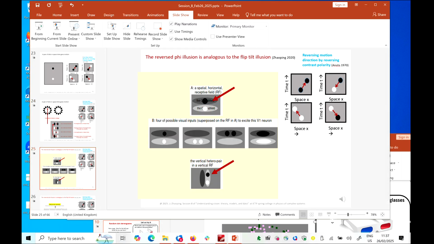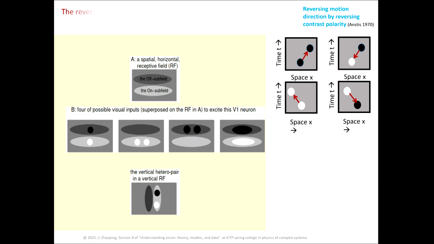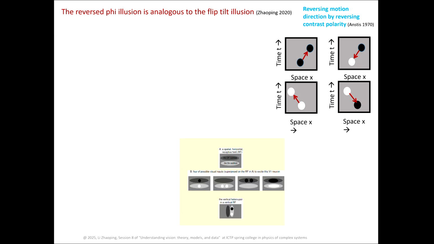So let's try to understand this. This reversed phi illusion can be understood by making an analogy with the flip tilt illusion. We recall that this flip tilt illusion is because a hetero pair of dots can activate a V1 neuron tuned to an orientation orthogonal to its actual orientation, and does not activate another V1 neuron tuned to its actual orientation.